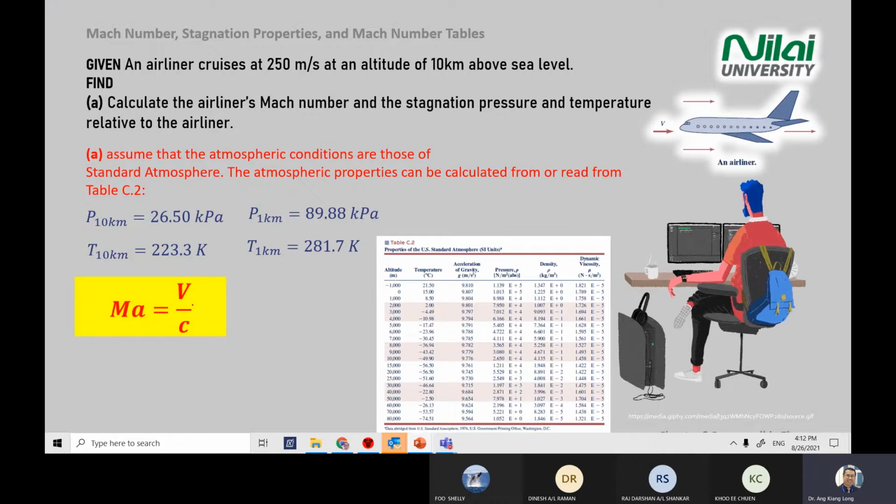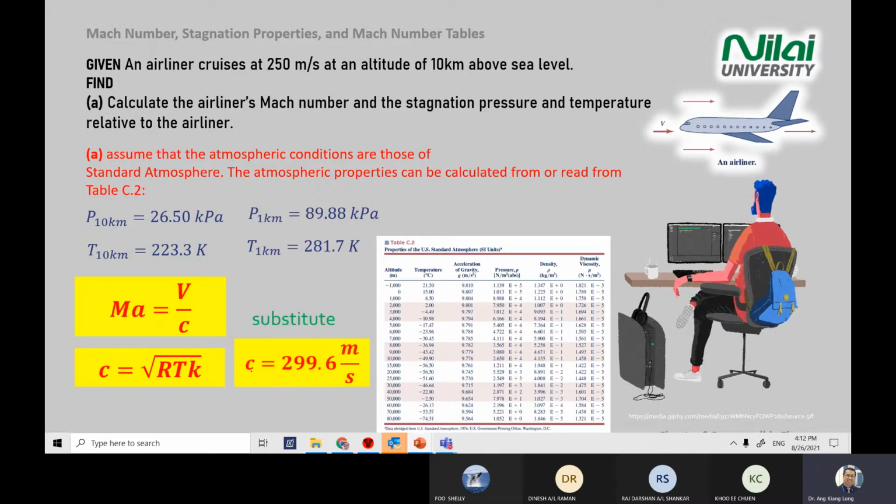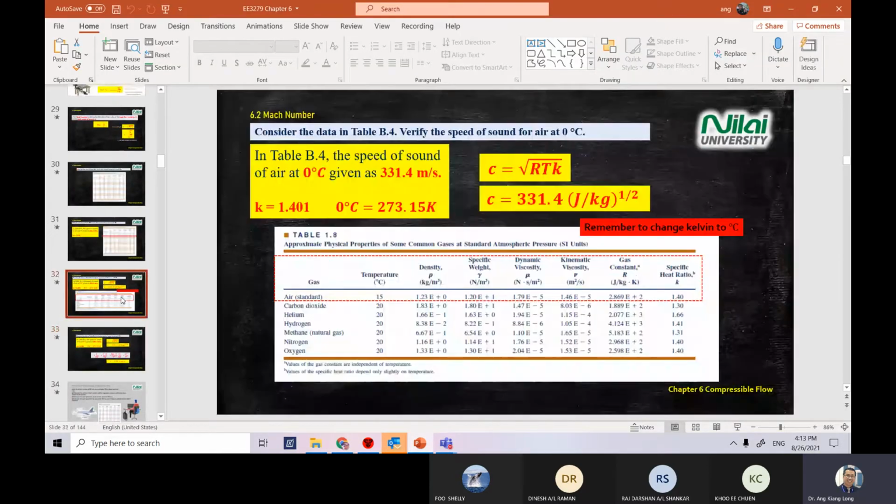Recall the equation for Mach number, velocity divided by local speed of sound. Call out the local speed of sound equation, C equal to, or you can use A to replace C here. So speed of sound equal to square root of RTK. Substitute the value of RTK, 299.6. Again, where you find RTK, let me show you the table that you should refer to, which is this one.